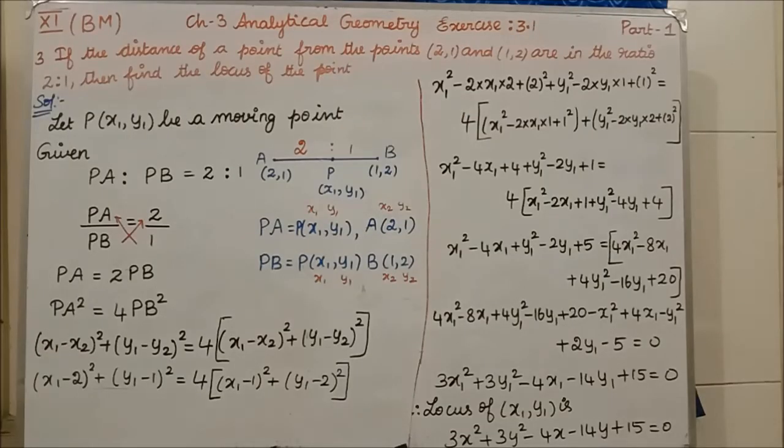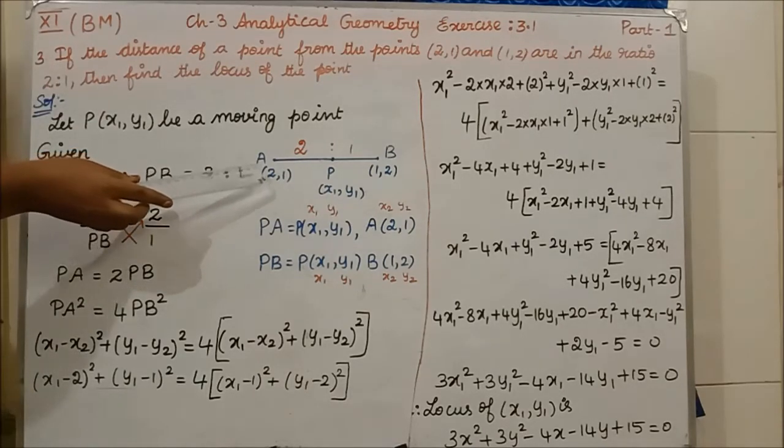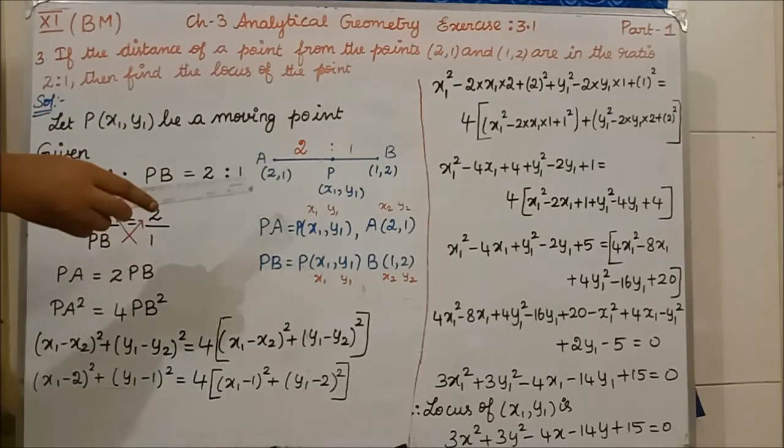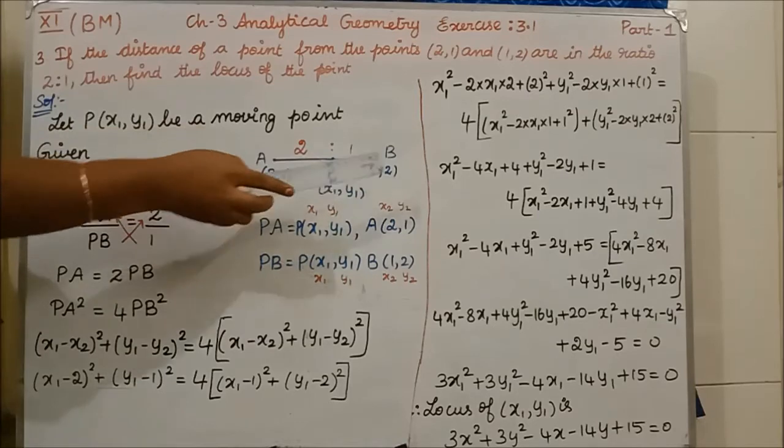Third question: if the distances of a point from the points (2, 1) and (1, 2) are in the ratio 2:1, then find the locus of the point. Students, let us take the first point as A, which is (2, 1), and the second point B is (1, 2).